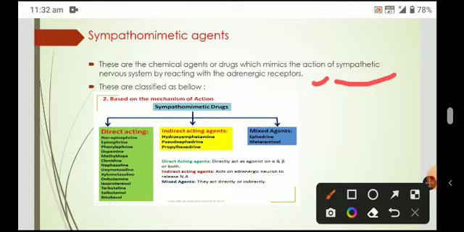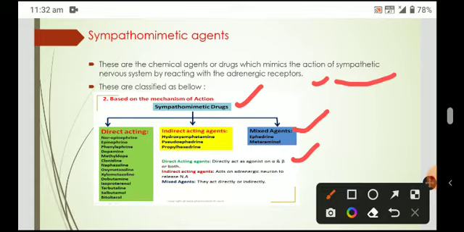Based on their mechanism of action, these are classified into the following three classes: direct acting sympathomimetic drugs, indirect acting sympathomimetic drugs, and mixed acting. In the case of direct acting agents, they act directly as agonists on the alpha and beta receptors or both.